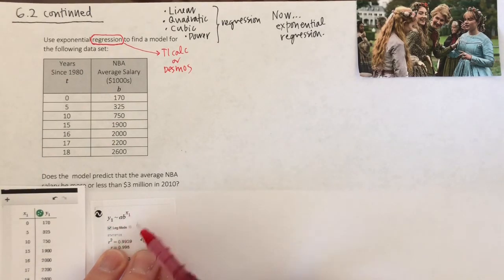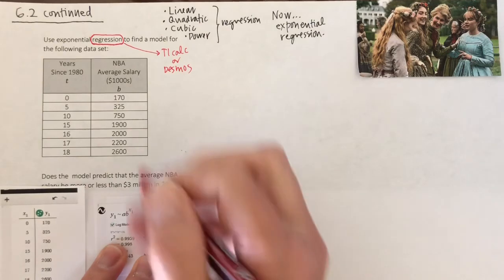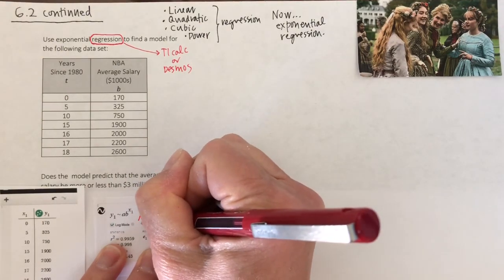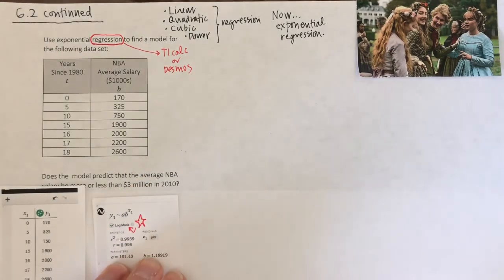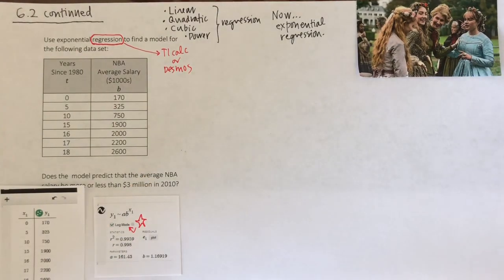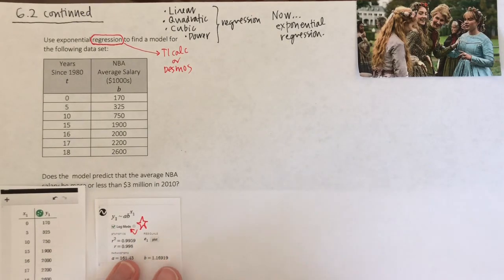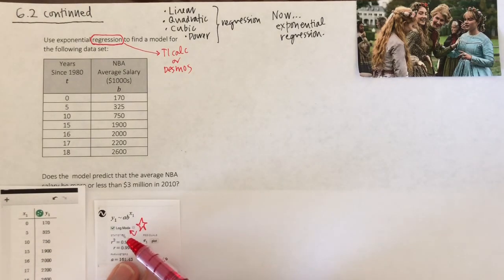Just like normal, we're using x1 and y1. Importantly here, this log mode box has to be checked. That way your answers will match the answers in WebAssign. If you don't check it, your answers will be off. It's just a different way of doing regression. By default, Desmos does it a different way, but we want it to do the regression in log mode.